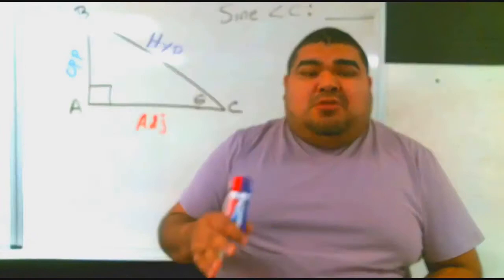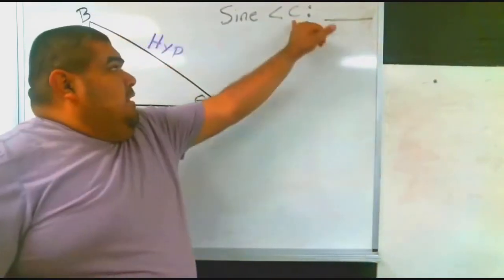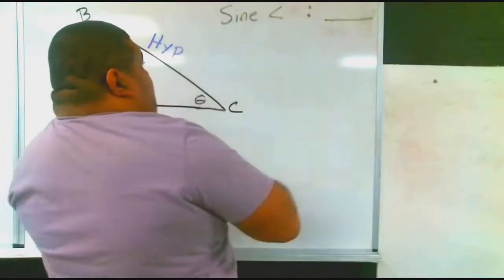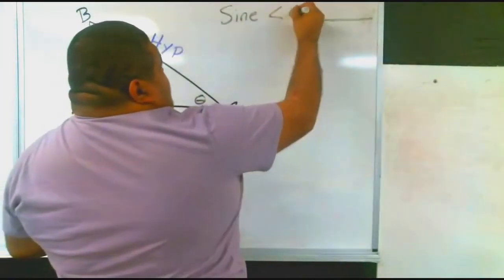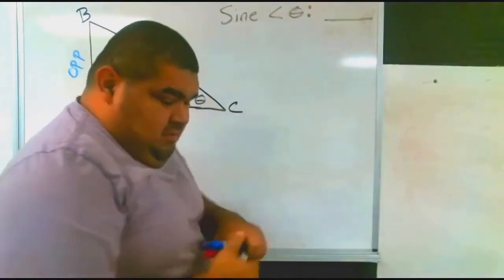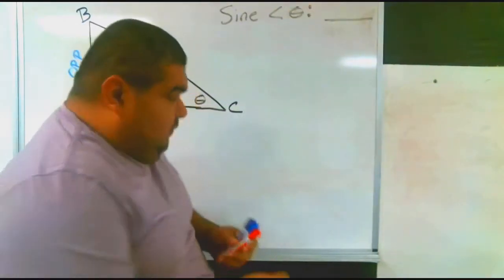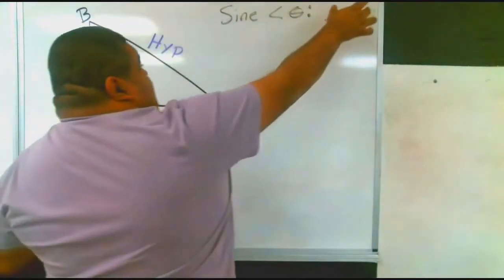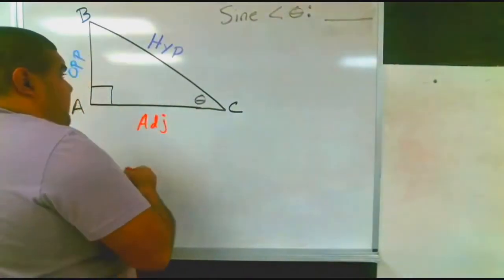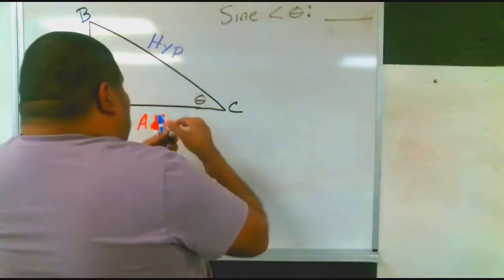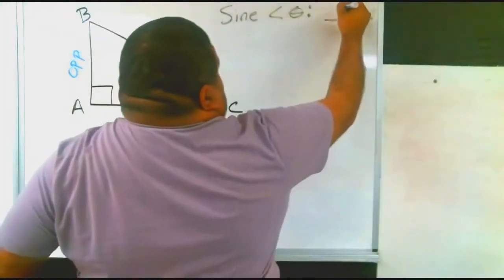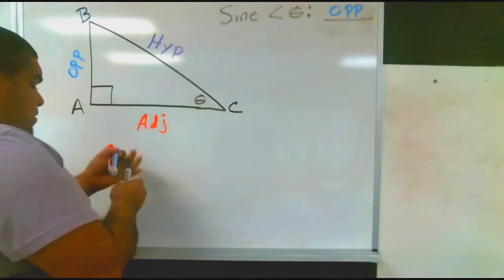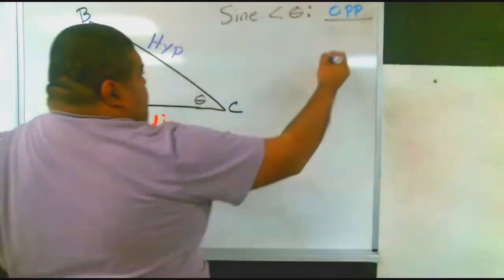In order to solve for angle C, let's put it as angle theta. Sine of angle theta, which in this case is obviously C, in order to solve for it, we put opposite over our hypotenuse.